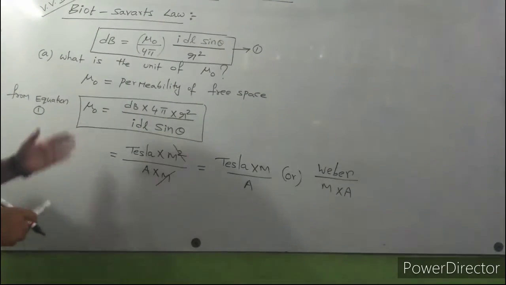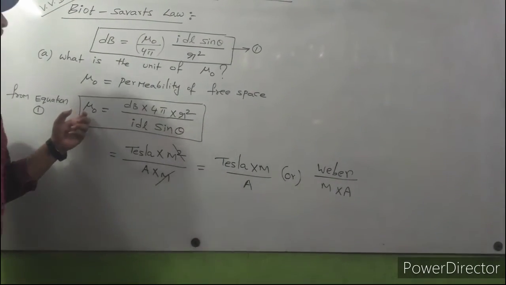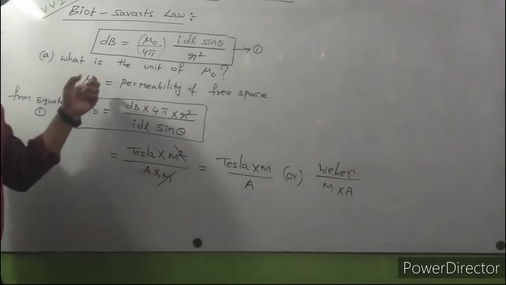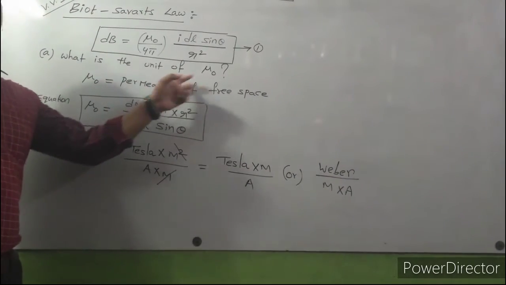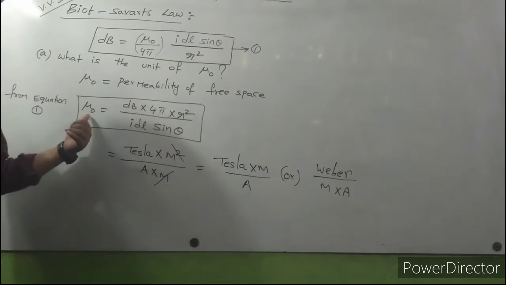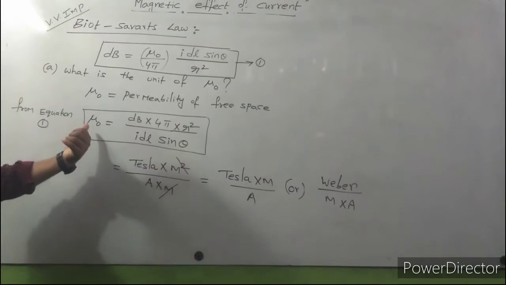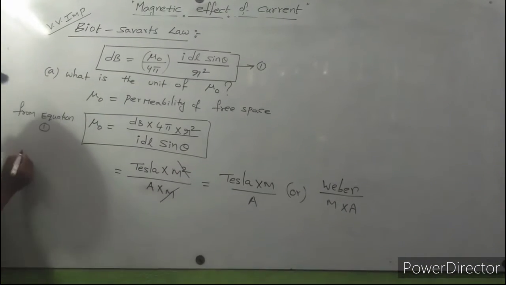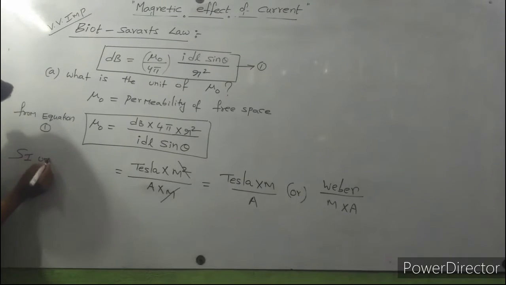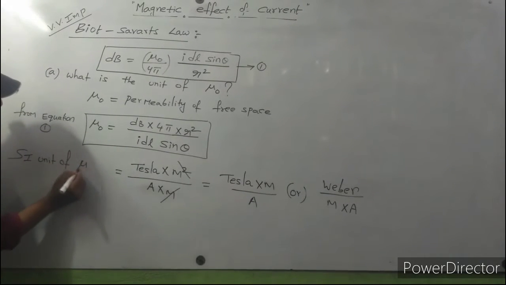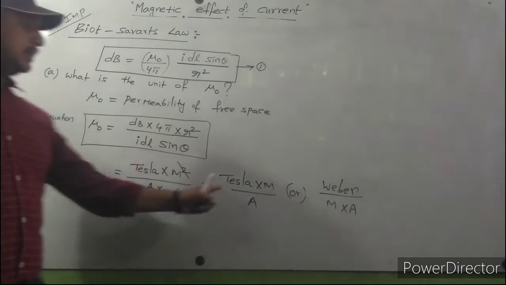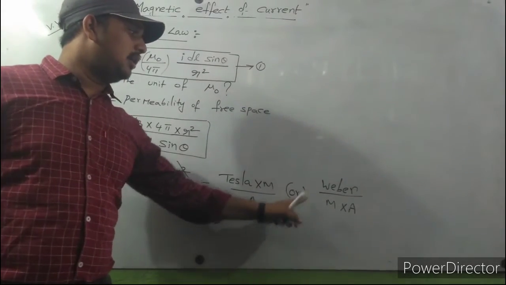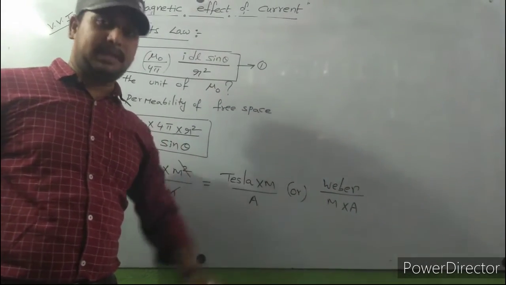So what is the unit of permeability of free space? Mu naught is nothing but the permeability of free space. The SI unit of mu naught is equal to Tesla meter per ampere or Weber per meter ampere.